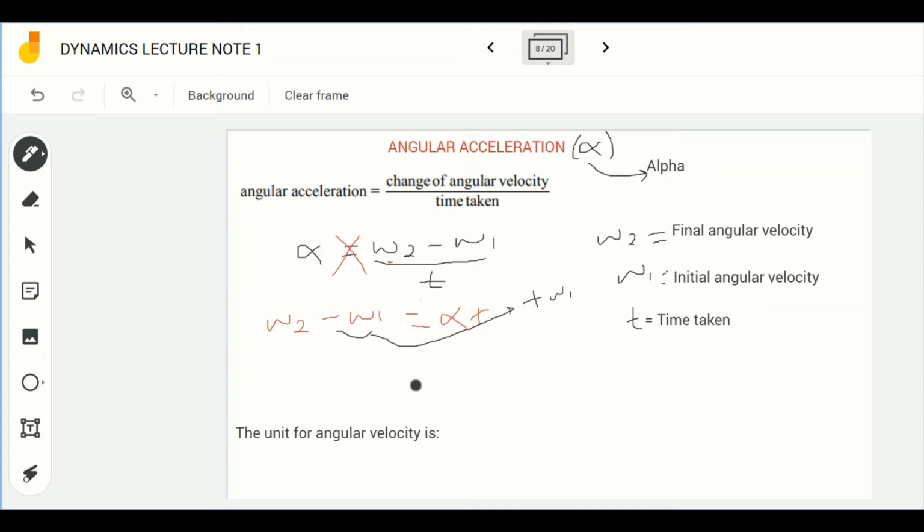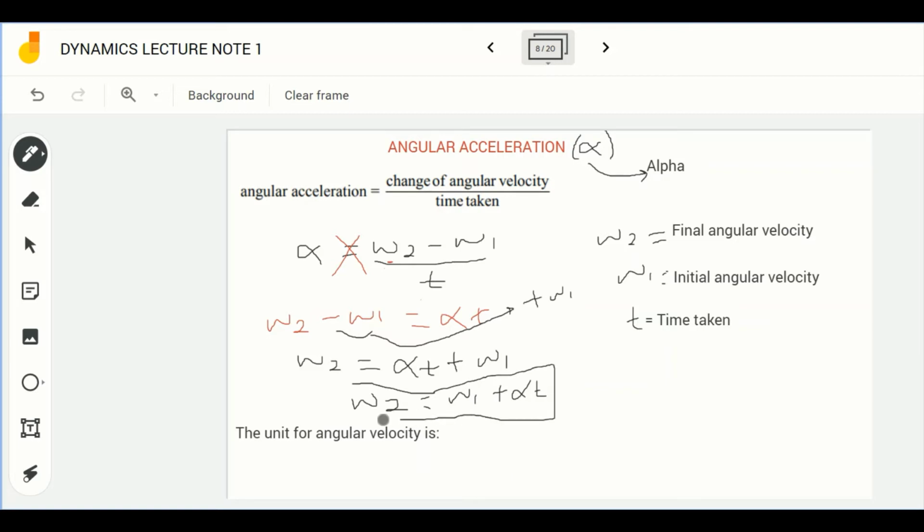So we now have omega 2 equal to alpha t plus omega 1. Or I can write it as omega 2 equal to omega 1 plus alpha t. Here is my next equation.